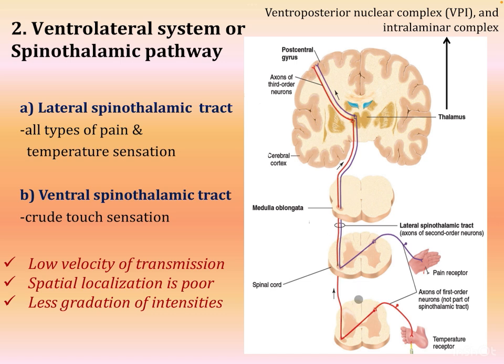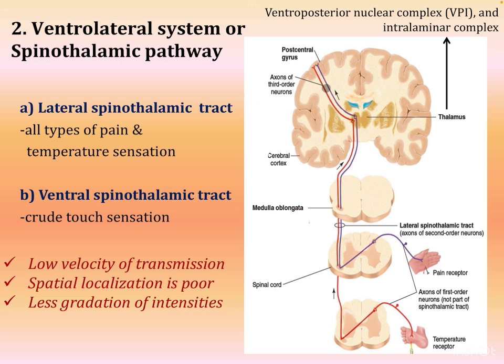Conversely, most pain signals are transmitted to the reticular nuclei of the brainstem. From there, it goes to the intralaminar nucleus of the thalamus, and then primary somatosensory cortex, postcentral gyrus. This is responsible for the pain localization.